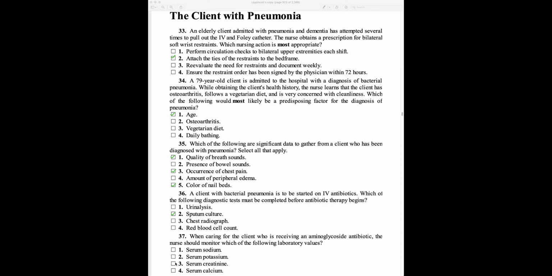The correct answer is serum creatinine. So always thinking of these antibiotics and understanding that aminoglycoside antibiotics can damage the kidneys. So to make sure that we're not damaging the kidneys, we often measure the serum creatinine before we give the antibiotic and throughout the therapy to make sure it's not damaging the kidneys.